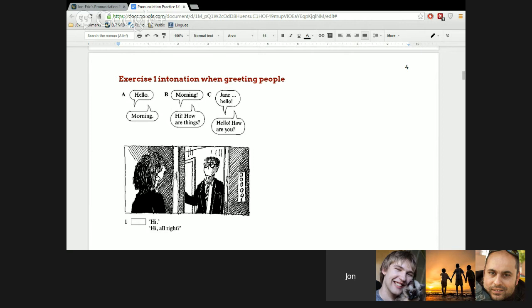Hello is a kind of intonation for a question, and hello is an intonation for a statement. It's how your voice goes up and down. It's good to define these things because I don't like using grammatical terms, and intonation is a little technical.